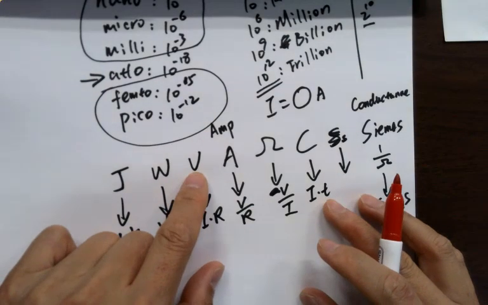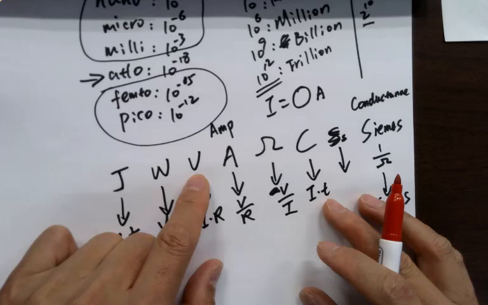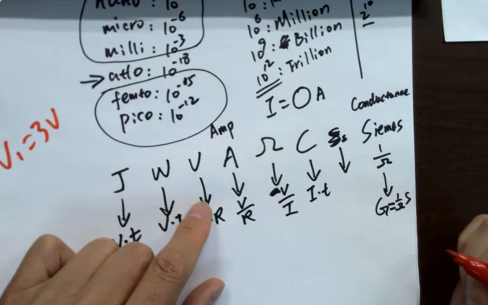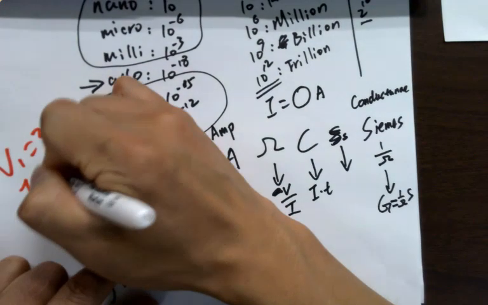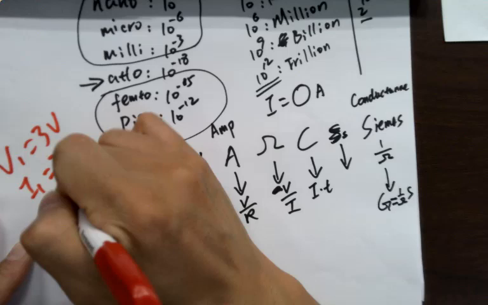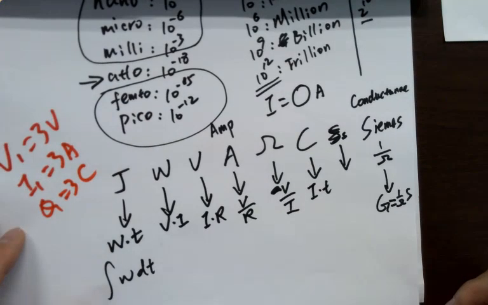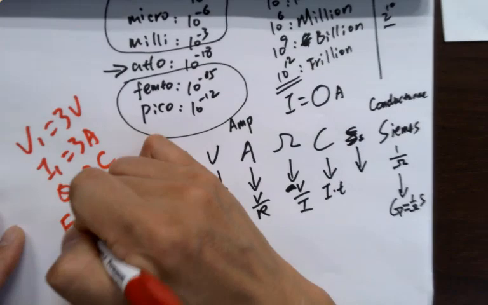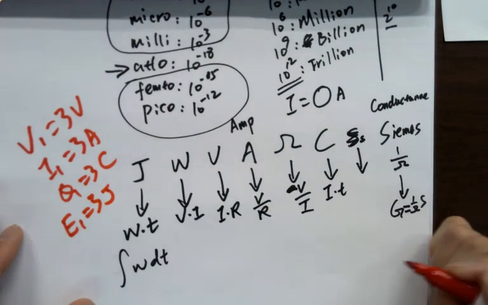It's confusing, right? We usually use V as a unit and something on the left-hand side, the name as well. So V1 is 3 volts. I1 is 3 amps. Q1 is 3 coulombs. E1 is 3 joules.